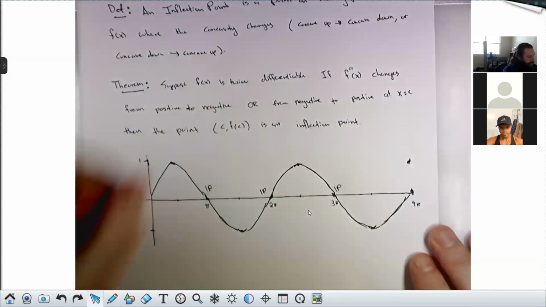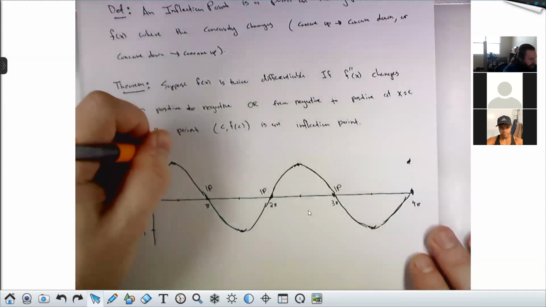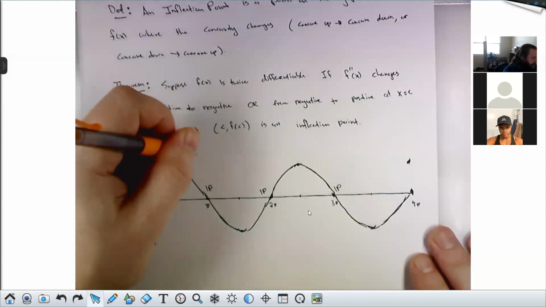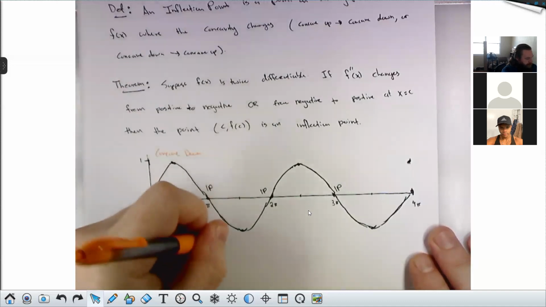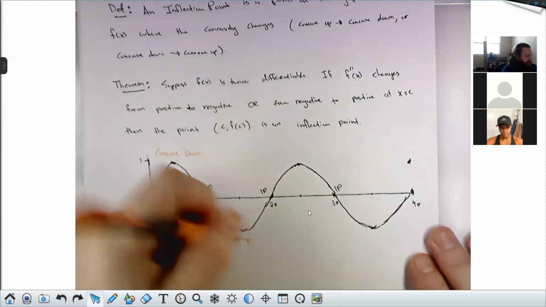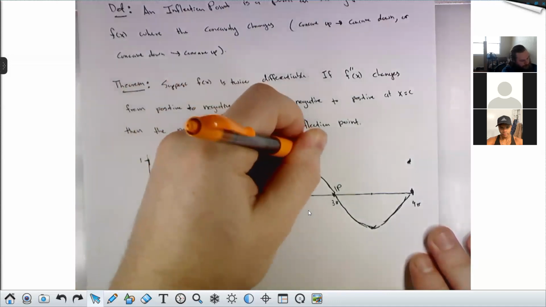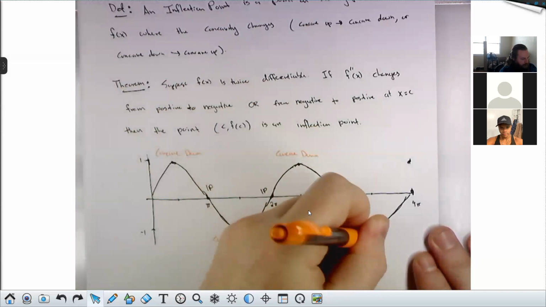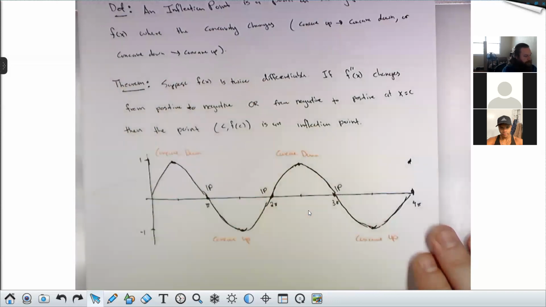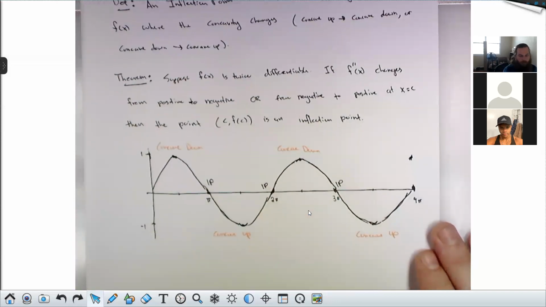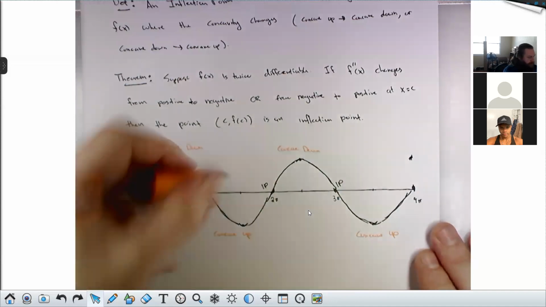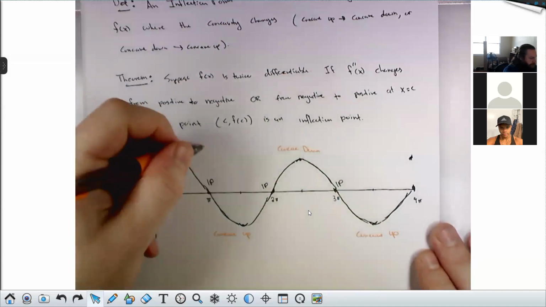This is all concave down. This is all concave up. This is concave down, and this is concave up. And sort of our IPs chop things up.